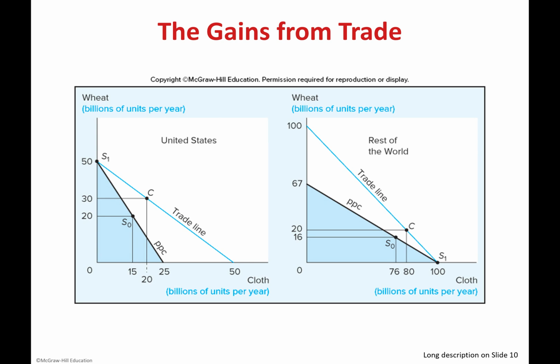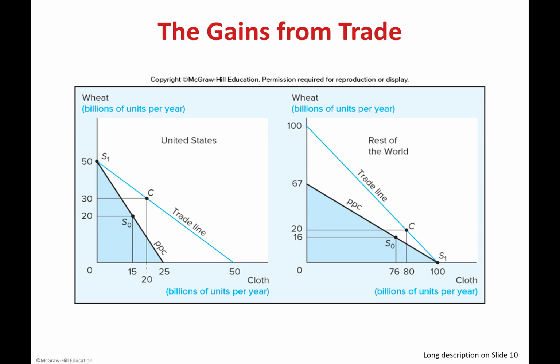And for the foreign country, it would be 100 divided by 67, which is 1.5. So it's half versus 1.5. Well, it'd be lower for the US. So the US will end up producing wheat. Notice that the point that the US ends up at is S1 in the left-hand diagram, and the point that the rest of the world ends up at is S1.